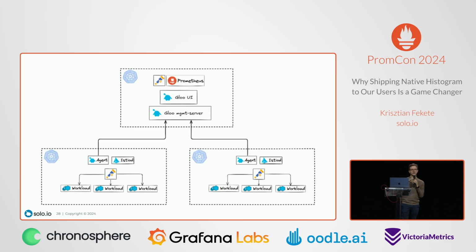And then you have the workload clusters. That's where your actual workloads are running. That's where your business applications are running. In this cluster, you have an agent. In the management cluster, you have a management server. And what is happening behind the scenes is that we provide a high-level API on top of Istio primitives, just to oversimplify it.